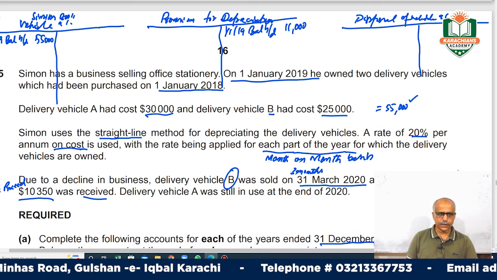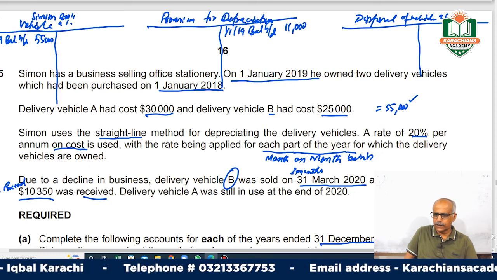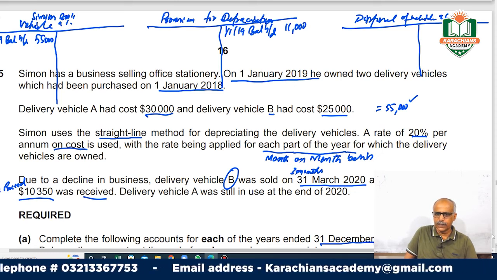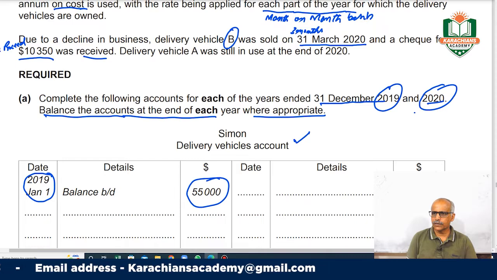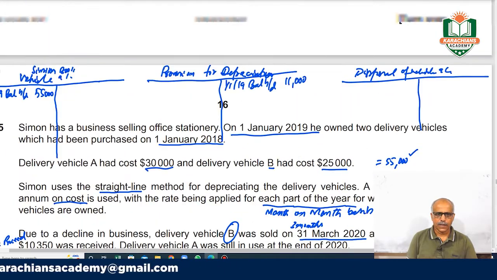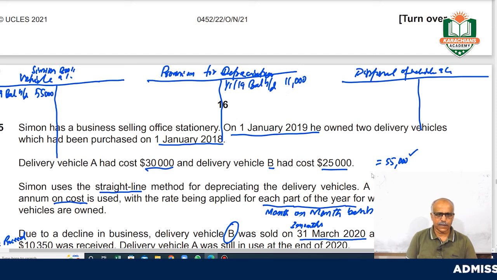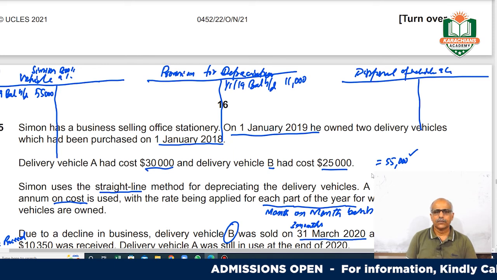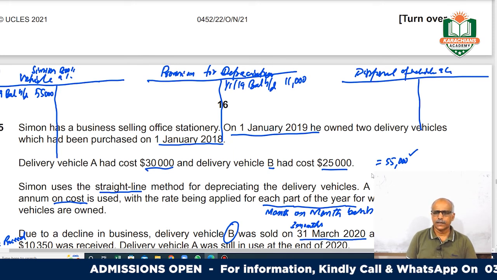Okay, let's move on. A few calculations then, which I will be doing here just to make you understand. Remember one thing: when he bought this equipment, actually he bought both of these two vehicles on 1st January 2018, right?